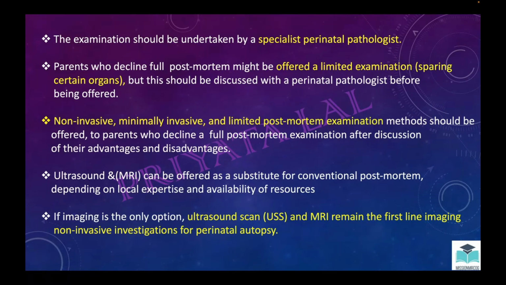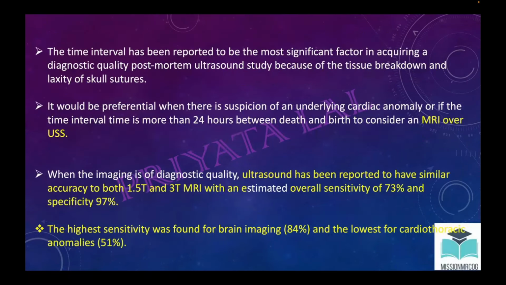Usually it is important that it is done early, because there would be tissue breakdown and laxity of skull sutures that would interfere with the findings. For the external postmortem, ultrasound and MRI both can be used, but if more than 24 hours have passed, then it is better to do MRI rather than ultrasound.